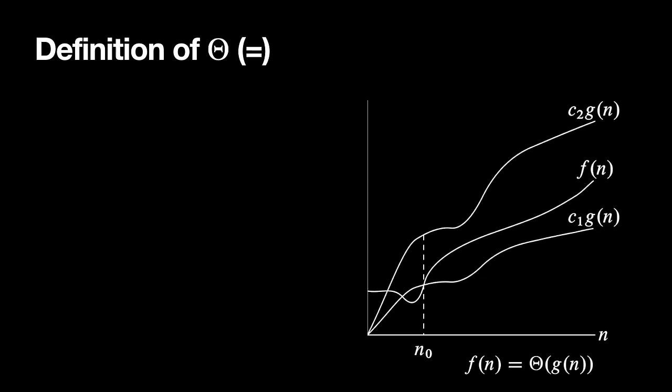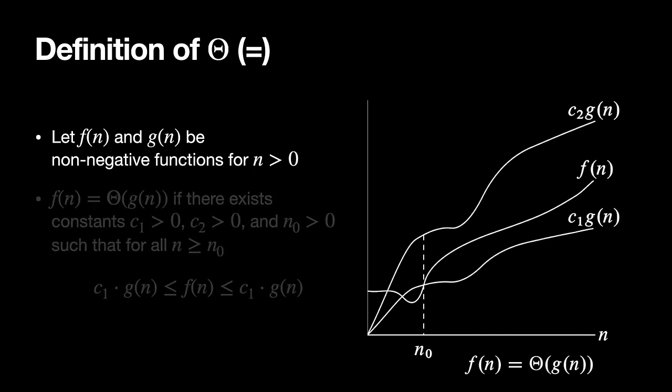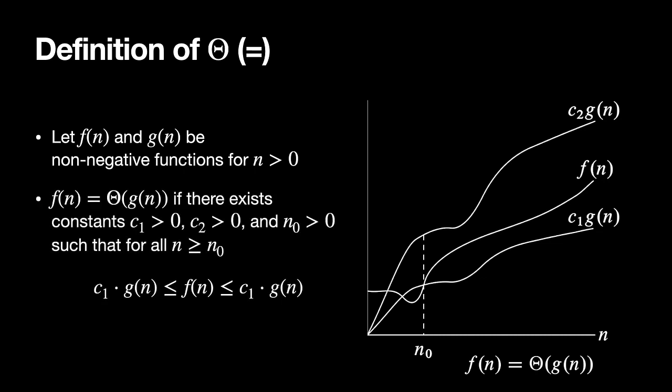Okay, our third option is theta, and this is about a precise boundary. So it's similar to the idea of being equal to something. So still we have our concepts of f and g, non-negative functions on n, and we say that f is in the big theta of g if there exist constants c1 and c2 that can be used to bound it from both below and above.